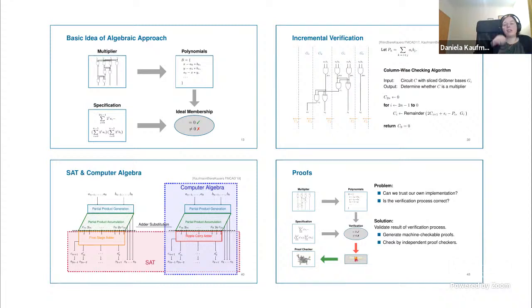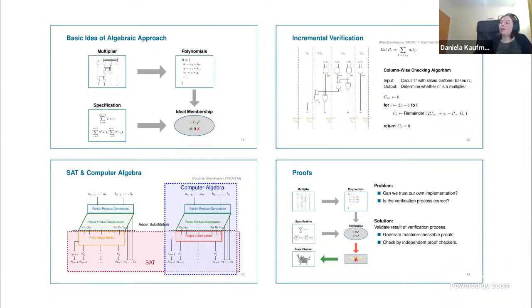Yes, I guess then the verification would be hard because what we rely on in this verification step is the cancellation of monomials which share the variables.